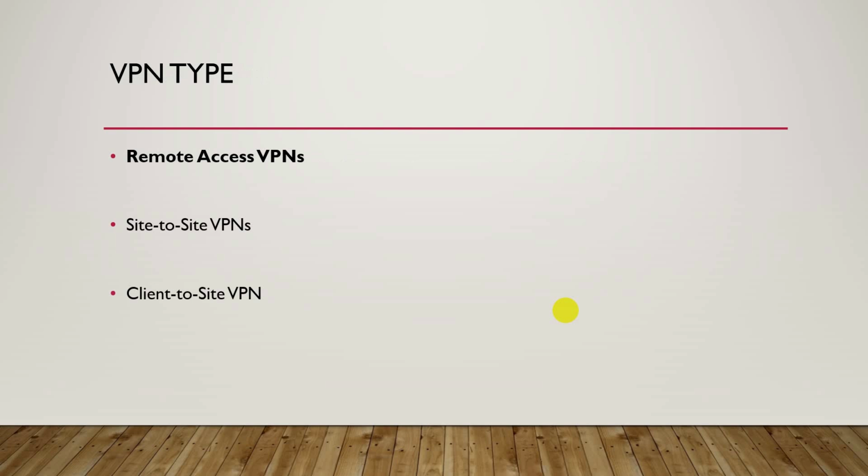Let's move now to VPN types. As we said, we have remote access VPN, where the example is working from home, and site-to-site, where the example is two branches you want to connect to each other. Let's bring the pen to clarify it more.